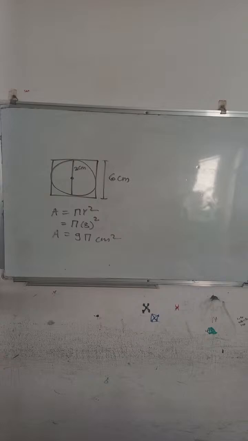I will repeat the statement. If a solid sphere with total surface area 48 centimeter square is bisected into two hemispheres, then the total surface area of any one of the hemispheres is: first option 48 centimeter square, B 60 centimeter square, C 24 centimeter square, D 36 centimeter square.